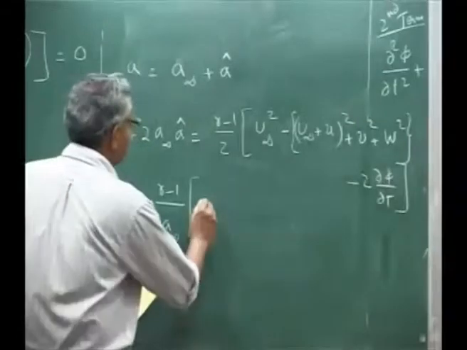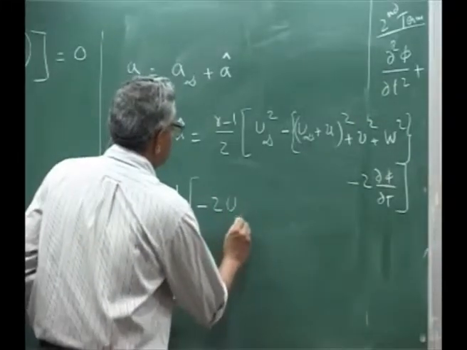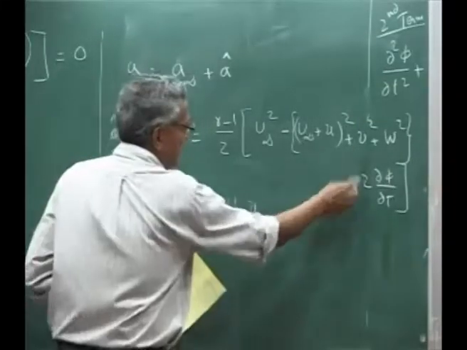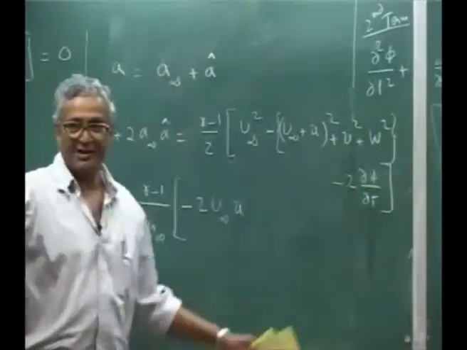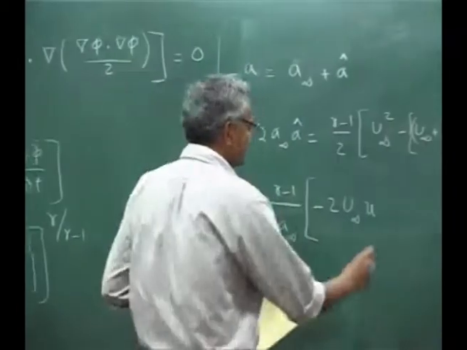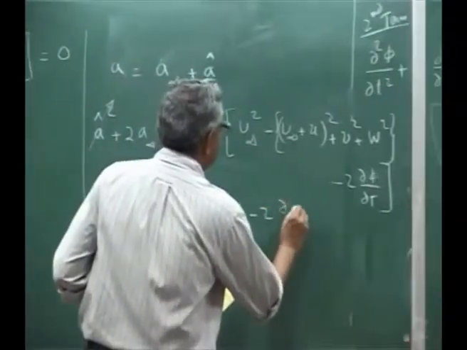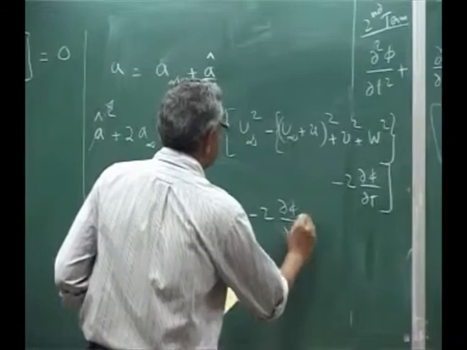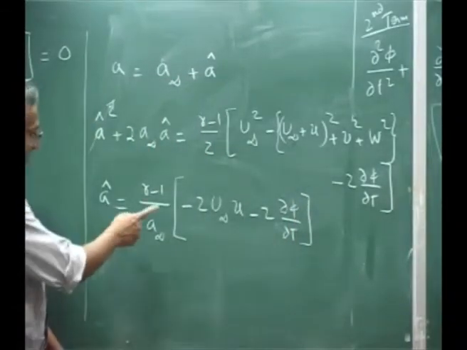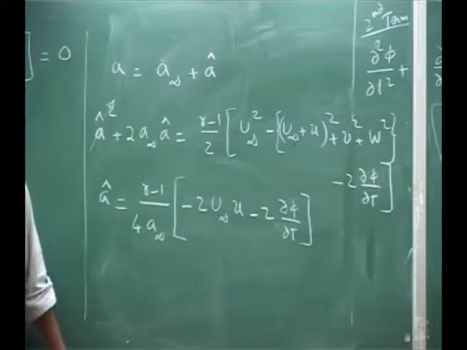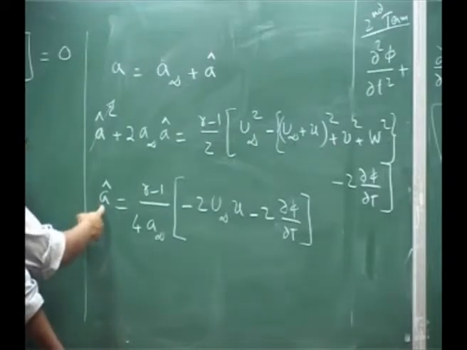I use only that term, and the rest, v square and w square, I say are small and neglect, minus 2 del phi over del t. This is what I call the change in the local speed of sound.